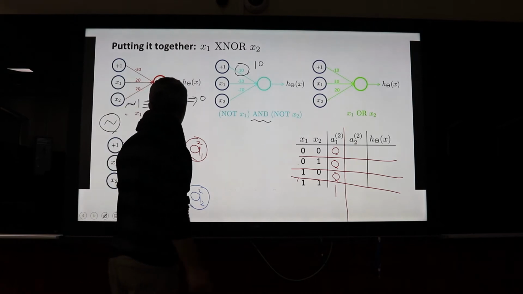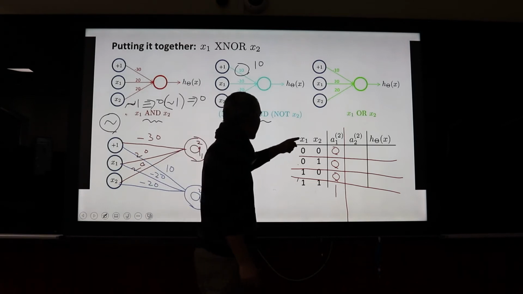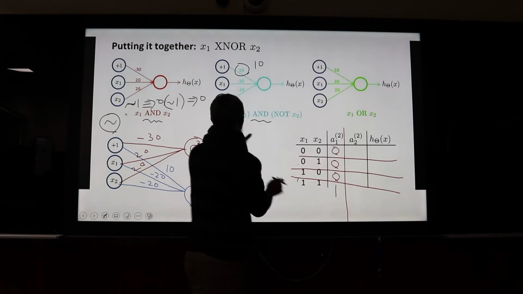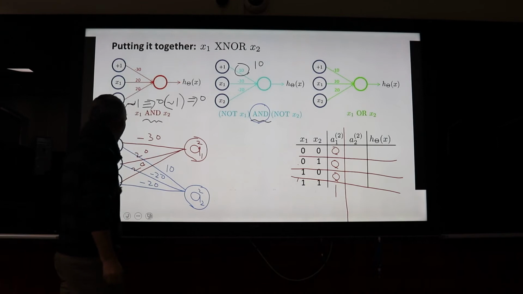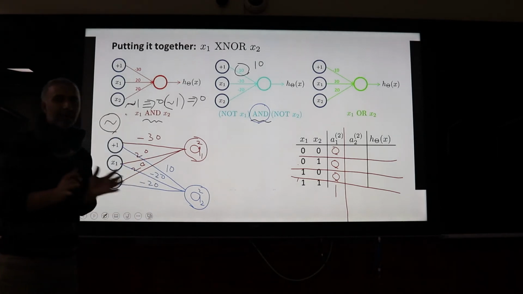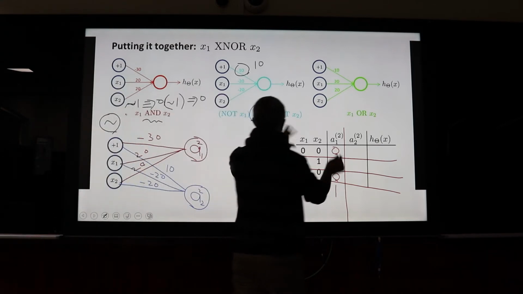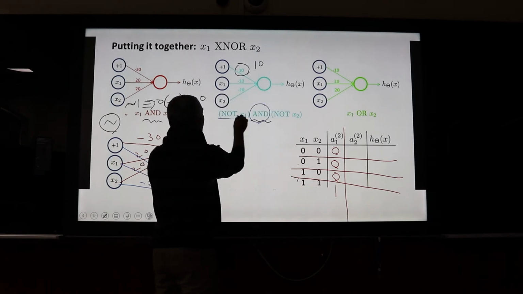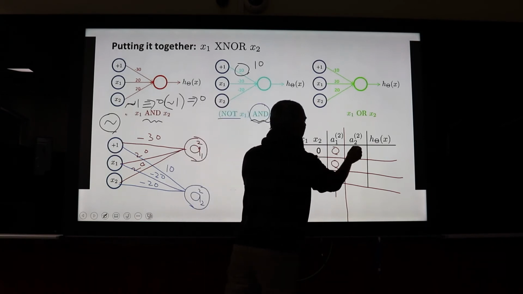We can observe once there is a negation of x1 and a negation of x2, then 0 will be transformed into 1 because there is a negation, so both are 1, so both switches are on. This will give us 1, because there is the AND gate.